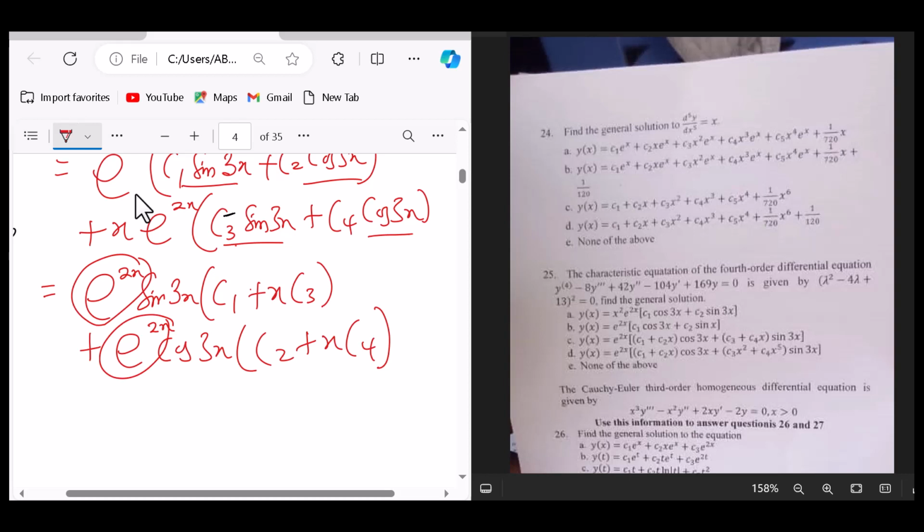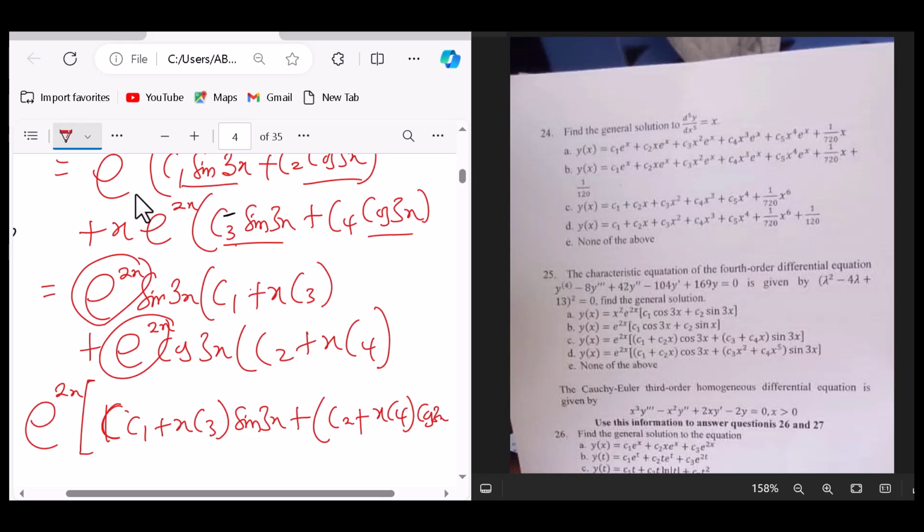So you can just write it as e power 2x in big brackets like this. Then you have c1 plus x c3 sine 3x plus brackets c2 plus x c4 cos 3x, then you close your big bracket. And that is what they did, obviously.